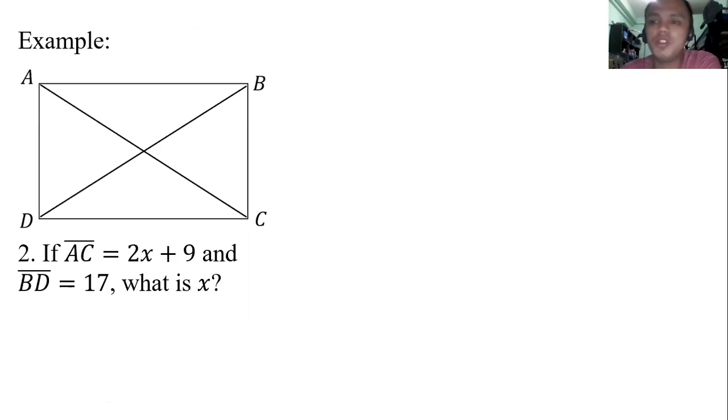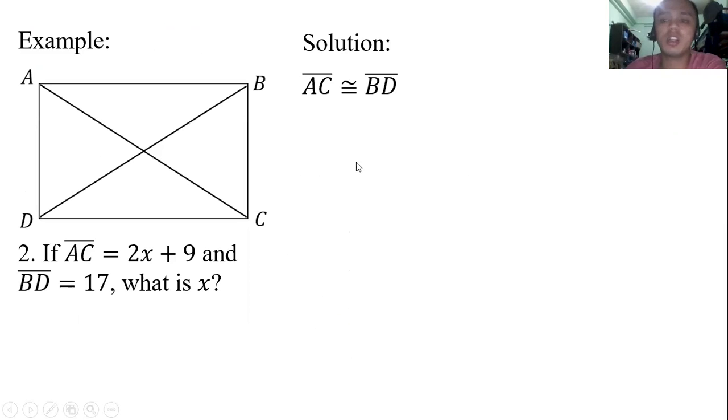Next example. If your AC is 2x plus 9 and BD is 17, what is x? Kung yung BD mo is 17, therefore automatic your AC is 17. But ang hahanapin natin dito is yung x, to make AC equal to 17. Again, AC is congruent to BD and they are equal.